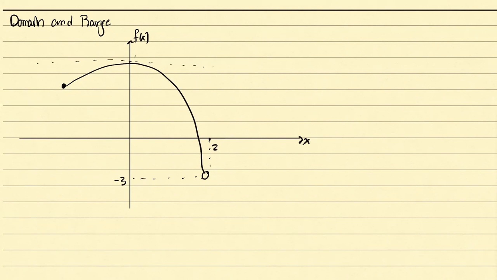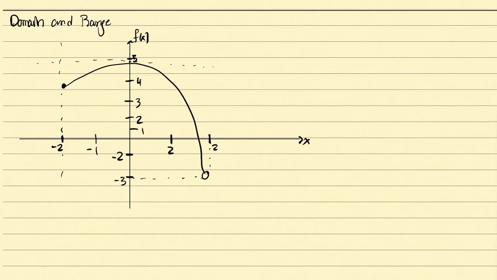Up here is 5. And then over here is maybe -2. So then here's 1. Okay, and so not drawn to scale. We don't need it to be drawn to scale to correctly think about this.